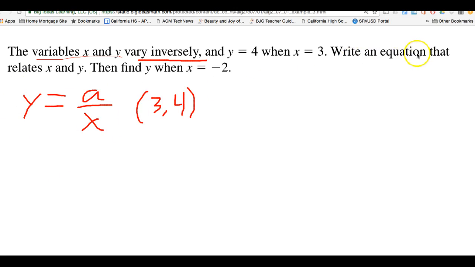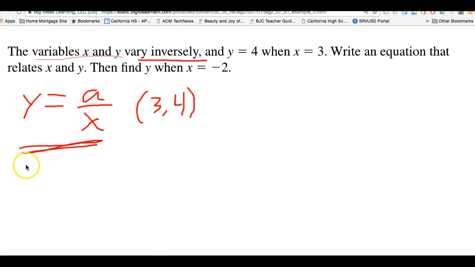So we know that this is a point on our function. We want to write an equation that relates x and y. So we have our equation right here. The only thing we're missing is our a value. Because we only have one unknown, we can use one point or one data set in order to find it.